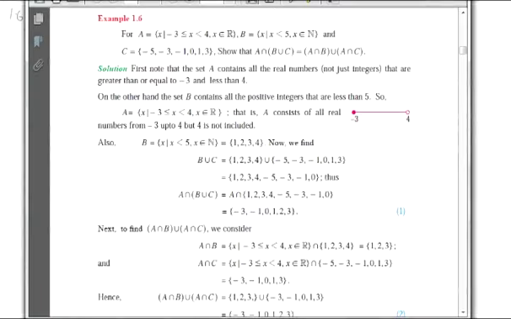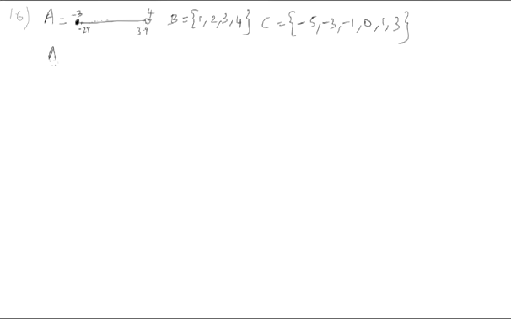Just check that. Yes, it's correct. And you're supposed to prove A intersection (B union C) is equal to (A intersection B) union (A intersection C).